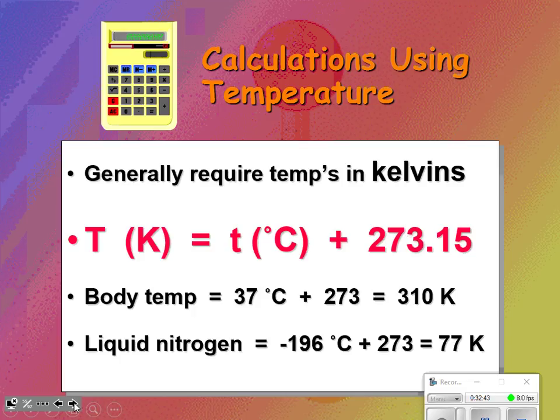Liquid nitrogen is negative 196 degrees Celsius. So nitrogen is a liquid at negative 196 degrees Celsius. Well, what temperature is that, Kelvin? Well, I add the 273 to get 77 Kelvin.